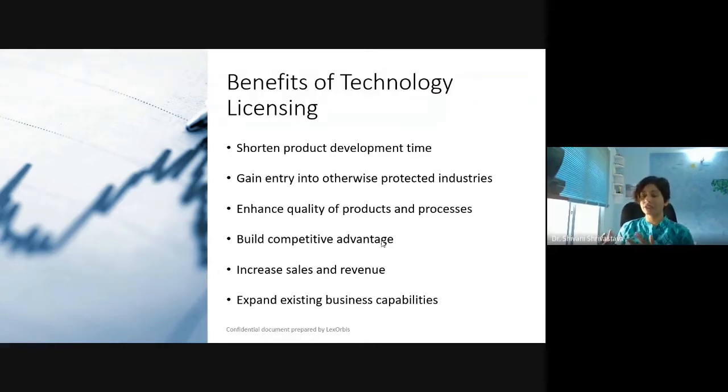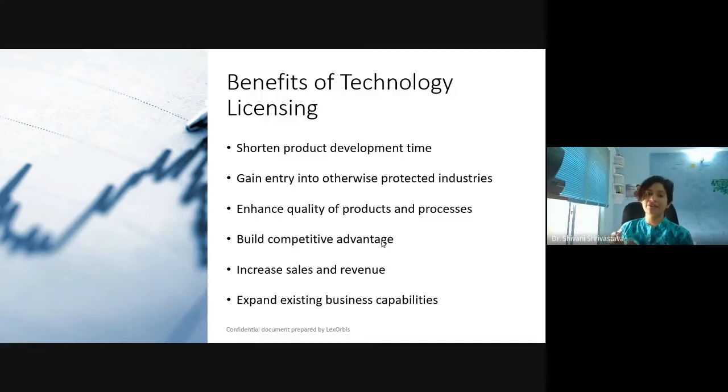Instead, I can license my technology to an industry that already has a well established factory, and there the product can be developed. So it will help to shorten the product development time. It will help you to launch the product in the market ASAP.